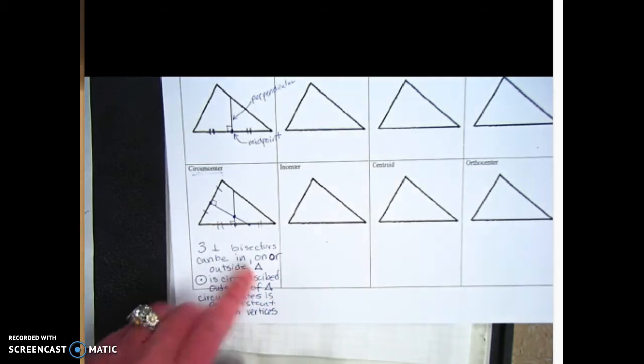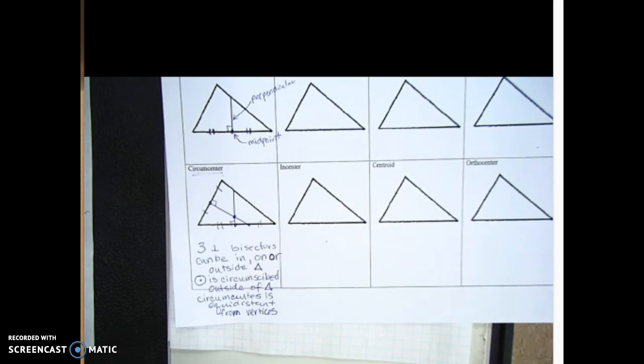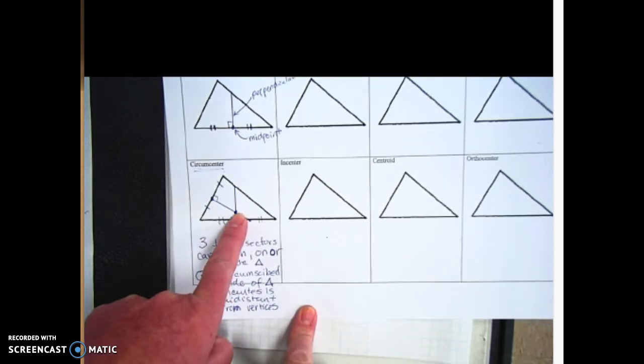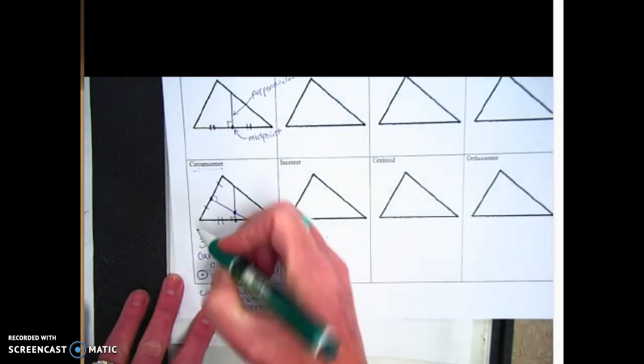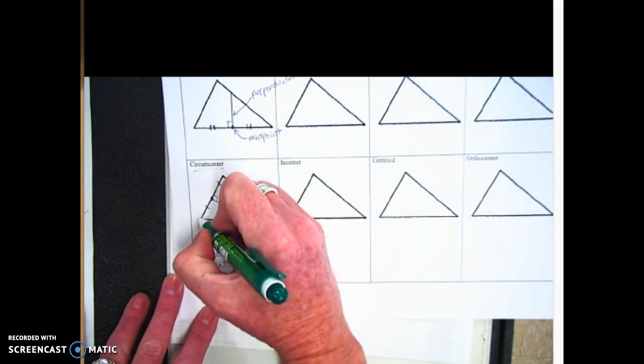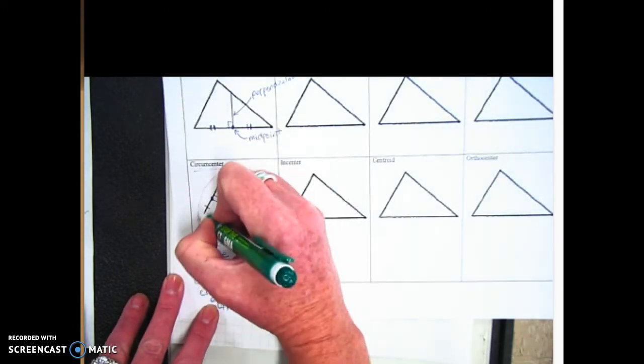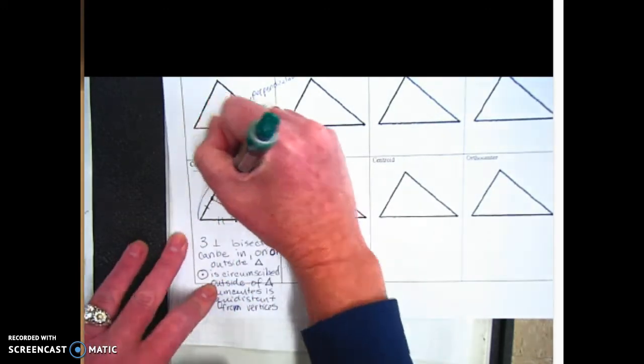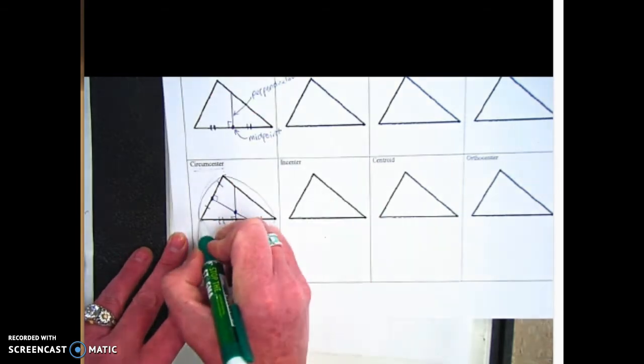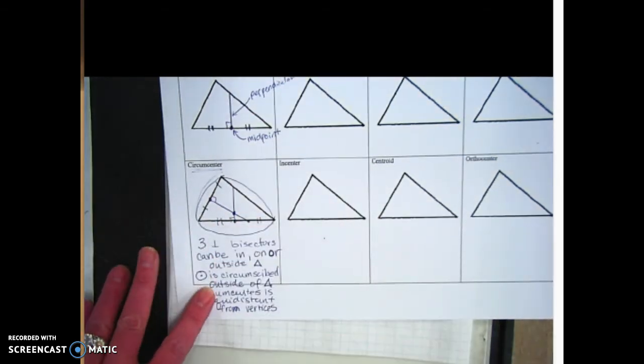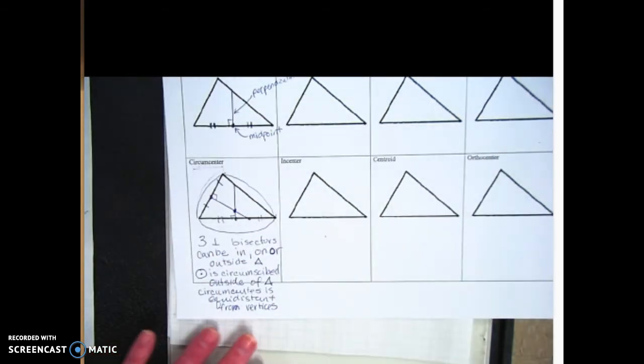Okay, so if we had our safety-based compass and we put that little metal ring right there on the circumcenter, we would be able to draw a perfect circle that would end up going through all three vertices. And the circle would look something, hopefully a little prettier than that, like that. Obviously, with a safety-based compass, you can draw a nicer circle, okay?